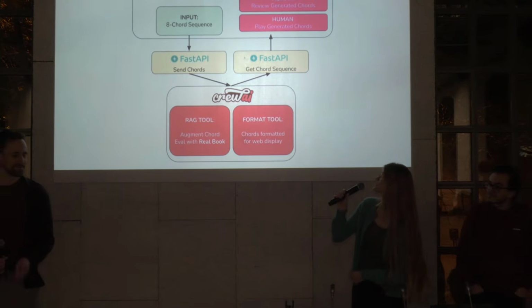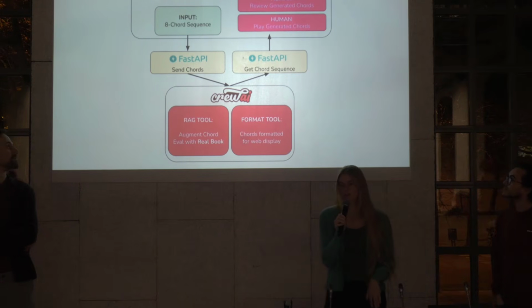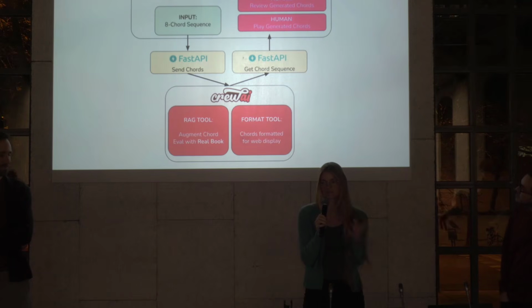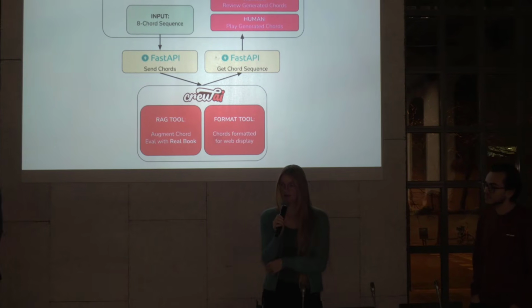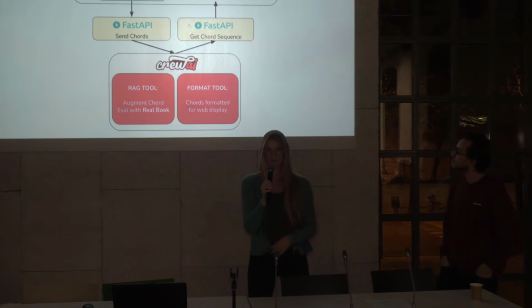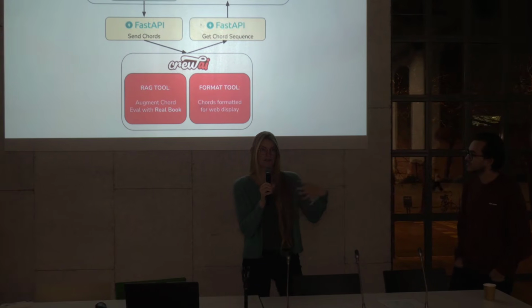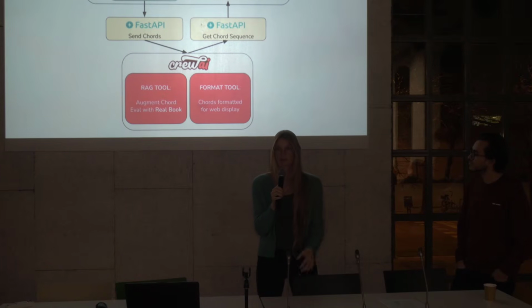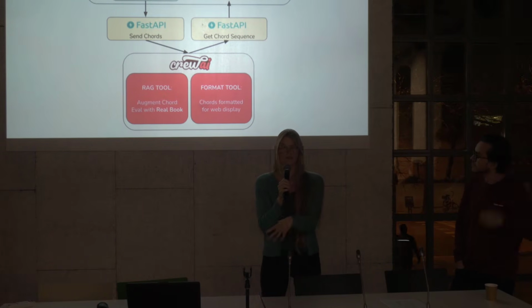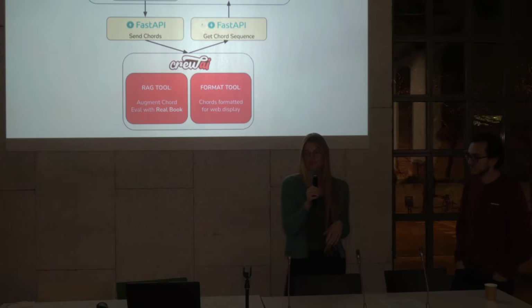Yeah, so how we did it is we have this web interface that you saw where we're using basically a text input, so you type in the 8 chords you start with, and this goes to our API, and then we're using the LLM, so the model, to basically look into the real book and see, is there something similar, can we get inspired, and then it also listens to our instructions about the style, or the relationship between the A section and the B section.